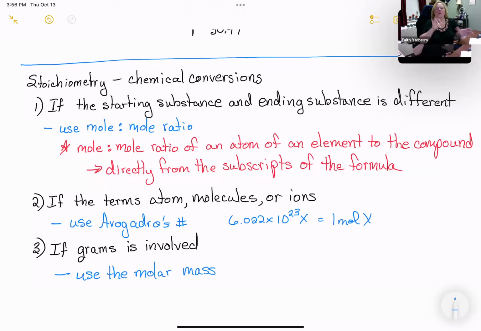So this just helps me sort out the possible conversion factors I may have along the way.